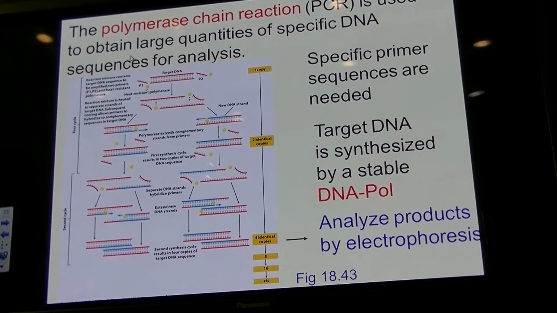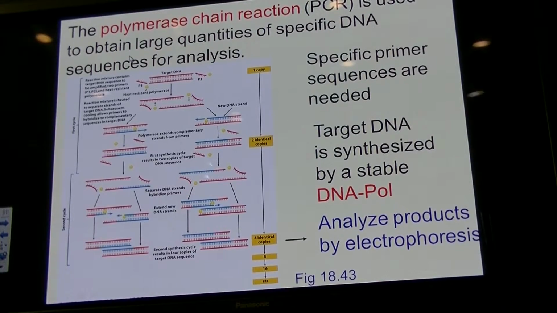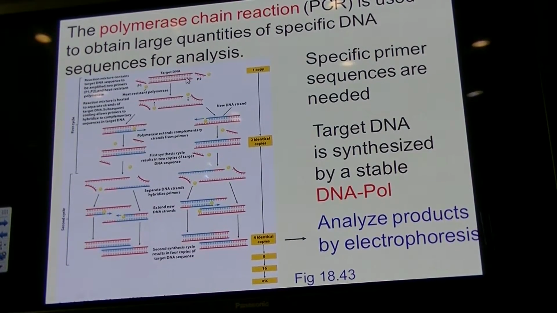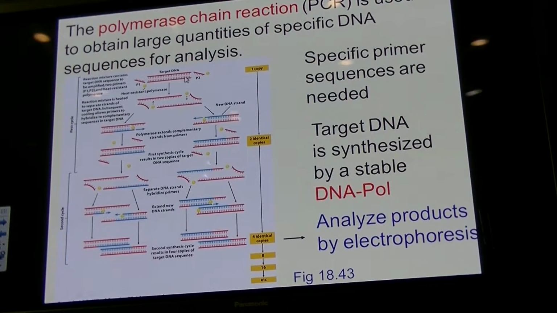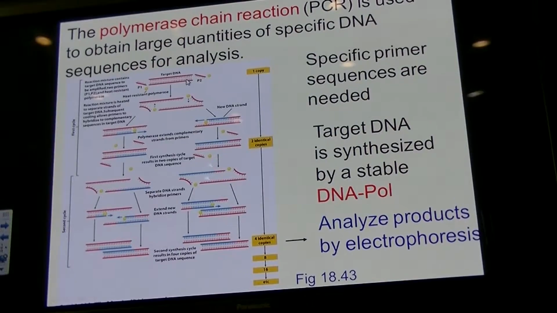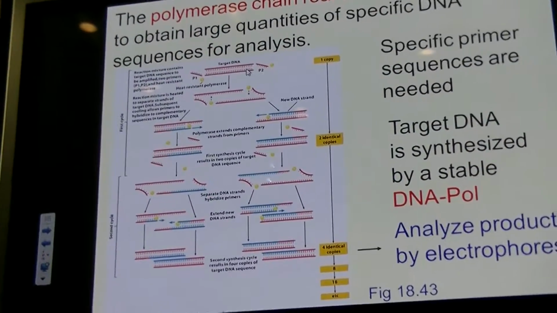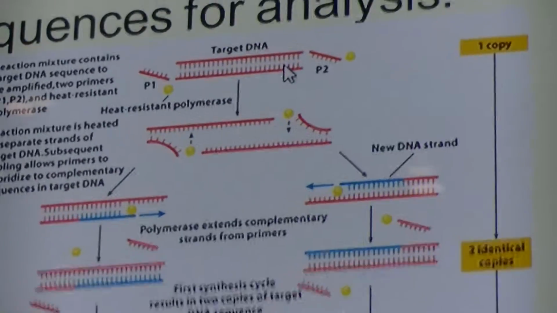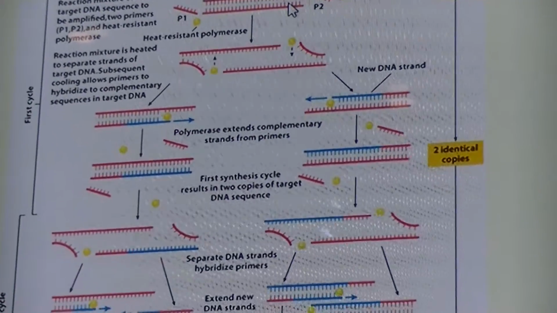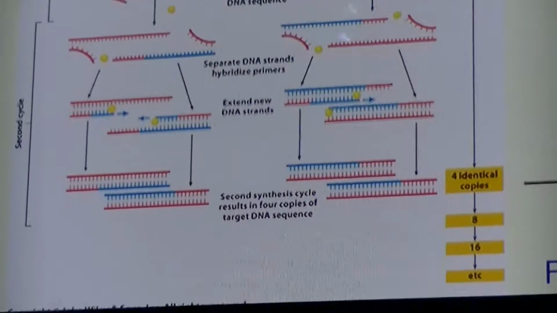But in order for the primer to bind, we first have to make the DNA single-stranded. So our target DNA has to be made single-stranded. How can you do that? DNA is kept together by means of hydrogen bonds. And if we heat up the sample, the hydrogen bonds become relatively weak, thermal motion takes over, and the strands separate. We call that melting. So the two strands of DNA can be separated, can be melted.